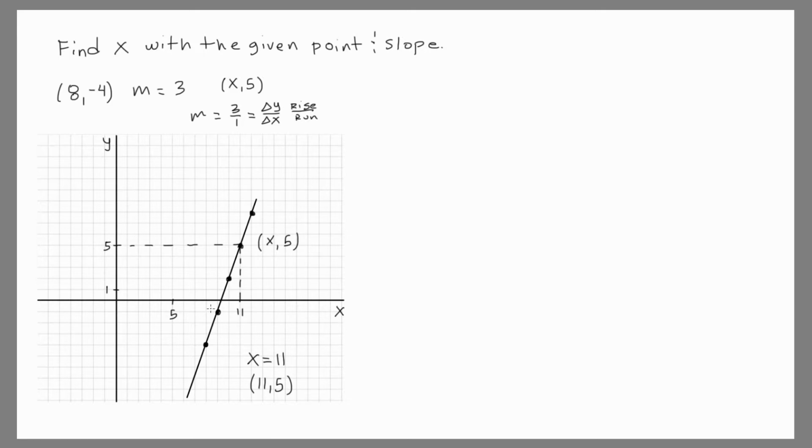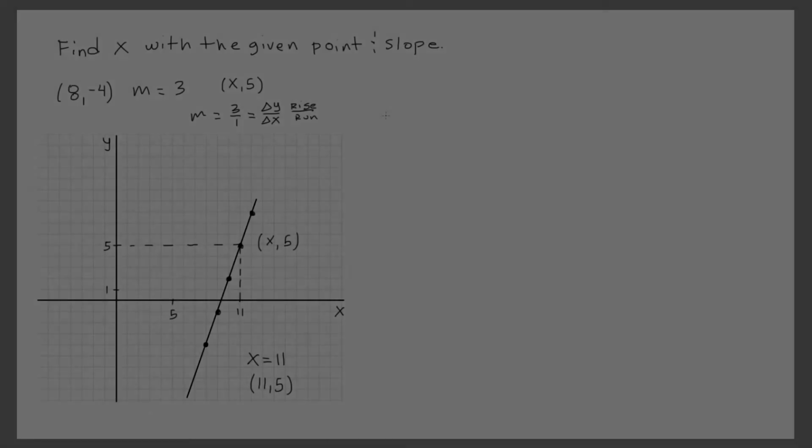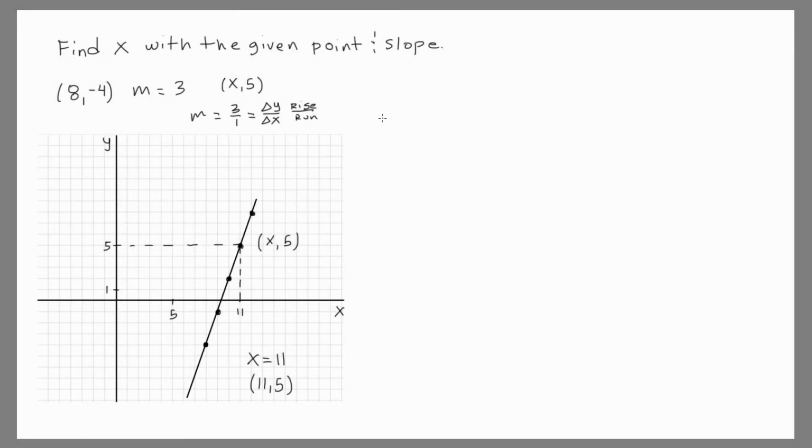Okay, so now let's try to do it another way, algebraically. What's another way of doing this problem? Well, we know that the slope is y2 minus y1 over x2 minus x1.